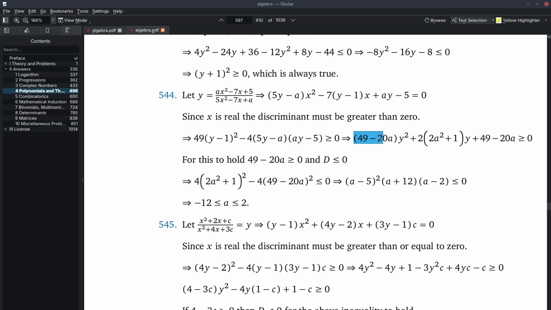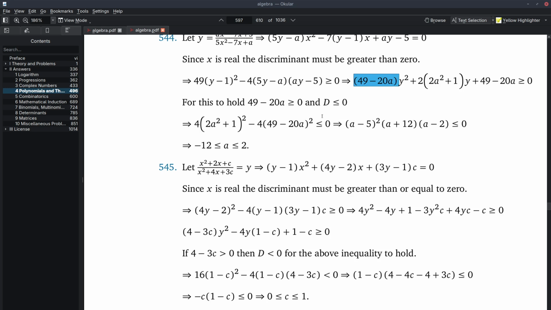So we get (49 minus 20a) y square plus 2 (2a square plus 1) y plus (49 minus 20a) greater than or equal to 0. Now this is a quadratic equation in y. So for it to be greater than or equal to 0, the coefficient of y square should be positive and the discriminant should be negative or less than or equal to 0.